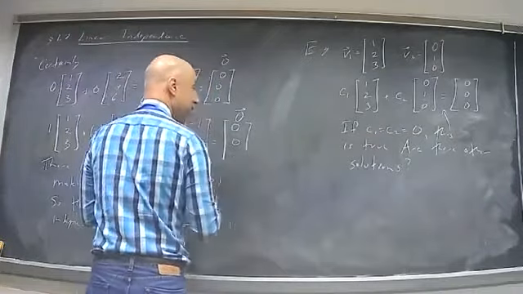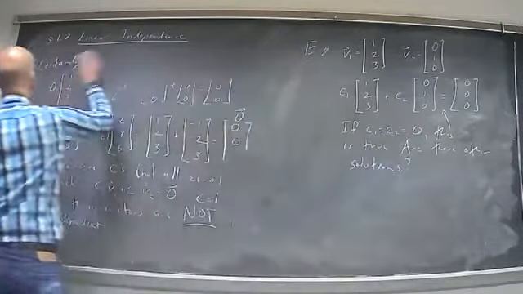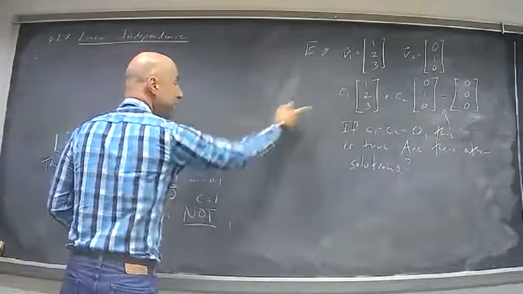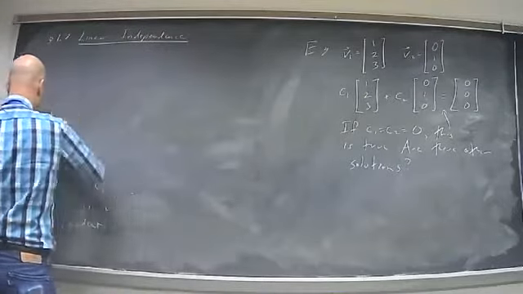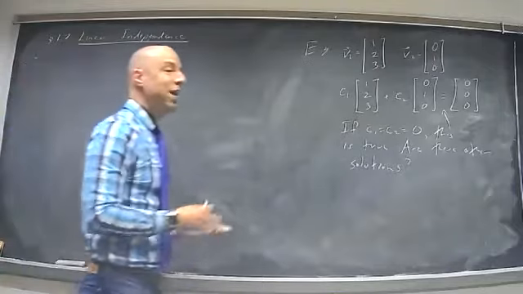We know techniques to find out what all the solutions of this are. We can go ahead and write this vector equation in other forms. We could write it as a system of linear equations. We could write it as a matrix equation.